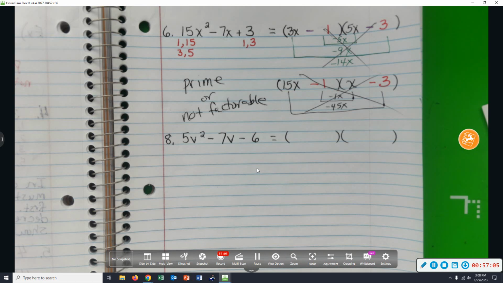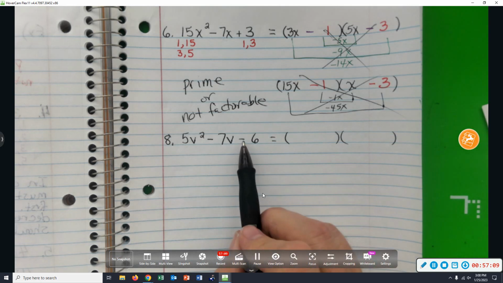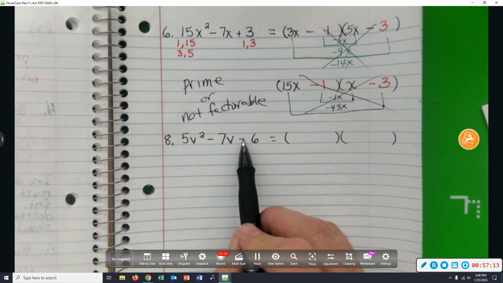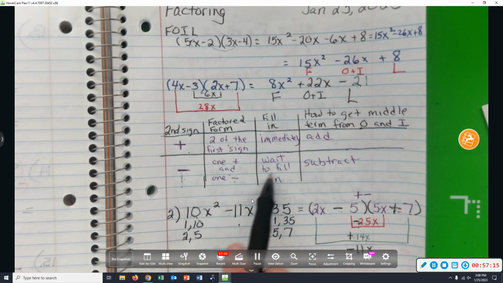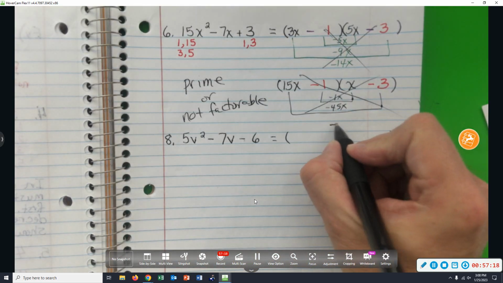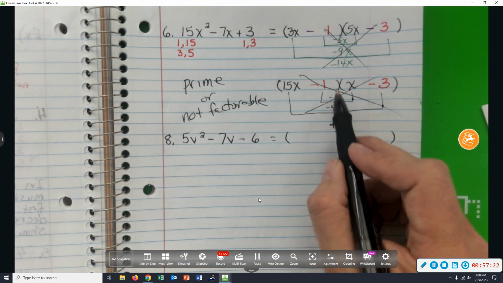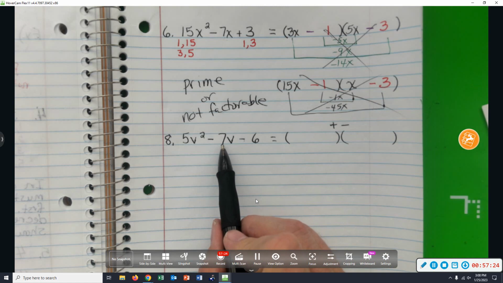And what do we know about the signs? Yeah, there's going to be a plus and a minus. The last sign's a minus, so you need a plus and a minus. So I'll wait to fill them in. When I make my little marks like this, I'll be subtracting to see, can I get a negative 7?